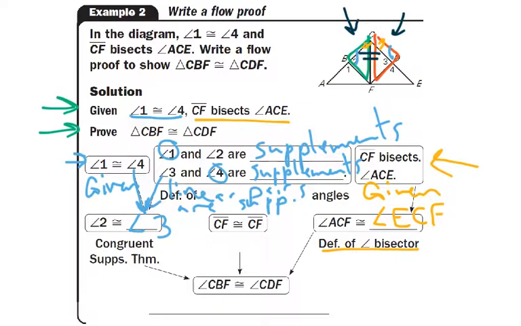So we can say CF is congruent to CF by the reflexive property. So now we've got our two angles, the non-included side. So the triangles are congruent, and that's supposed to be triangle CBF is congruent to triangle CDF by angle, angle, side.